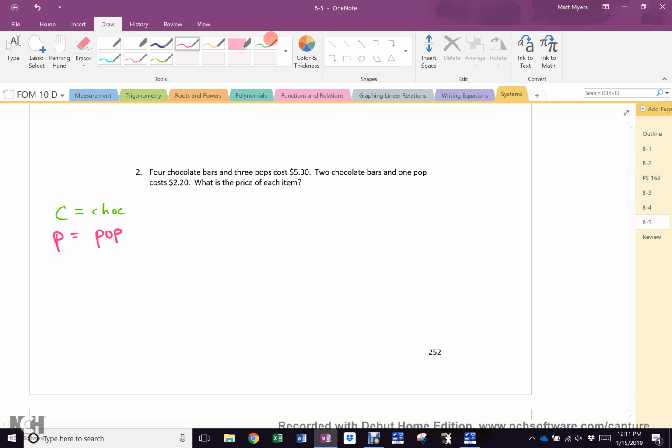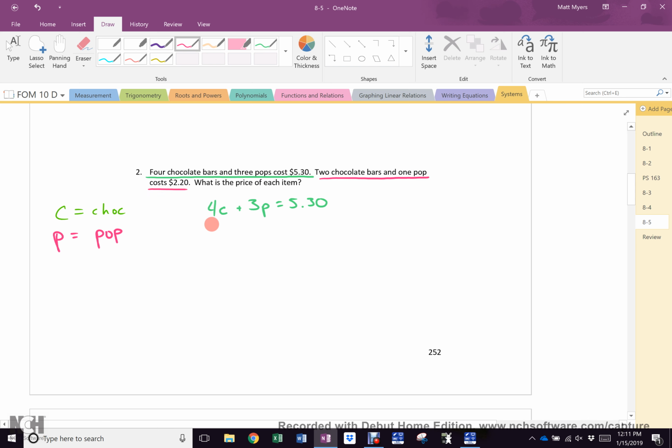So, what do I know about 4 chocolate bars and 3 pops? They cost $5.30. So 4C plus 3P equals $5.30. What do I know about 2 chocolate bars and 1 pop?